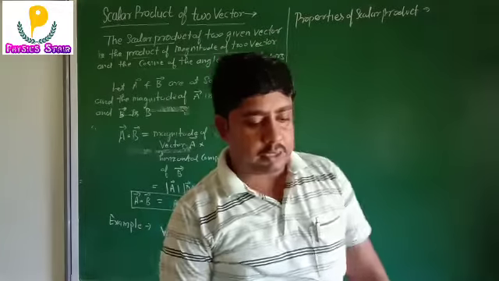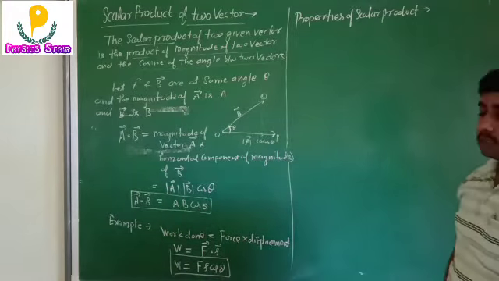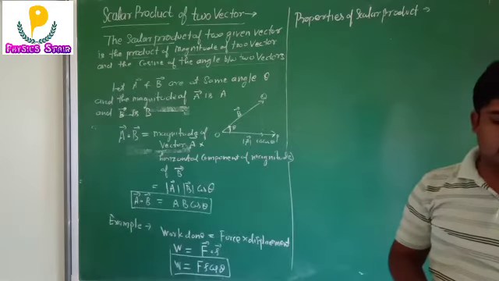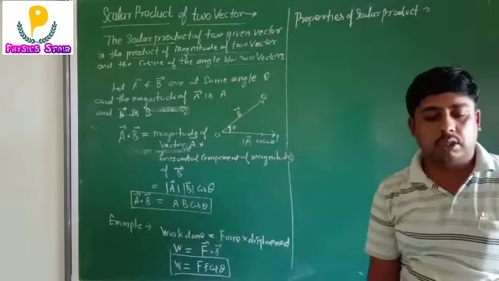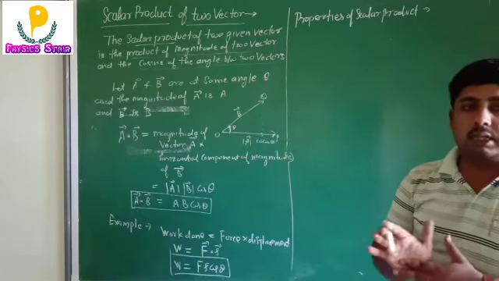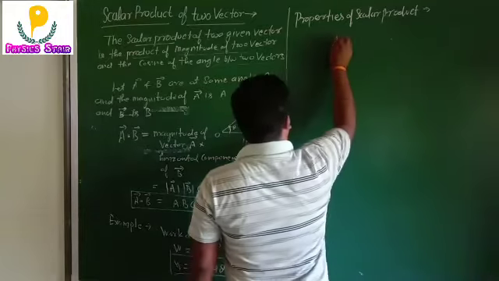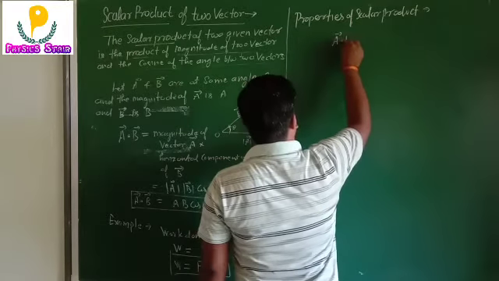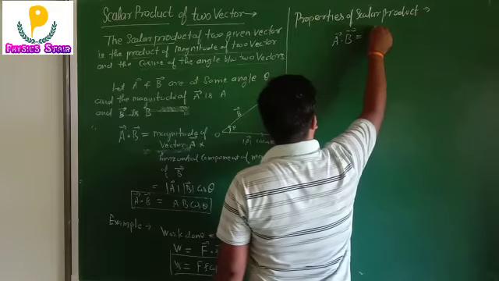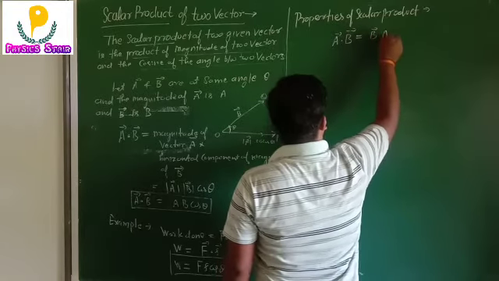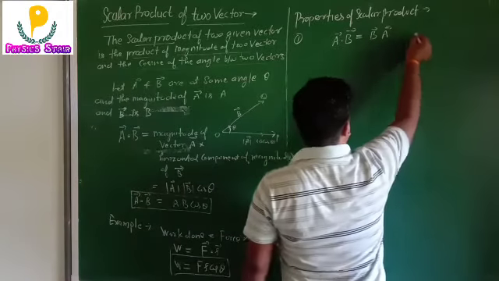Properties of scalar product. First of all we will discuss the commutative law. What is commutative law? In the commutative law, if we consider the vector A dot vector B, this will give vector B dot vector A. This is the first property of a scalar product.